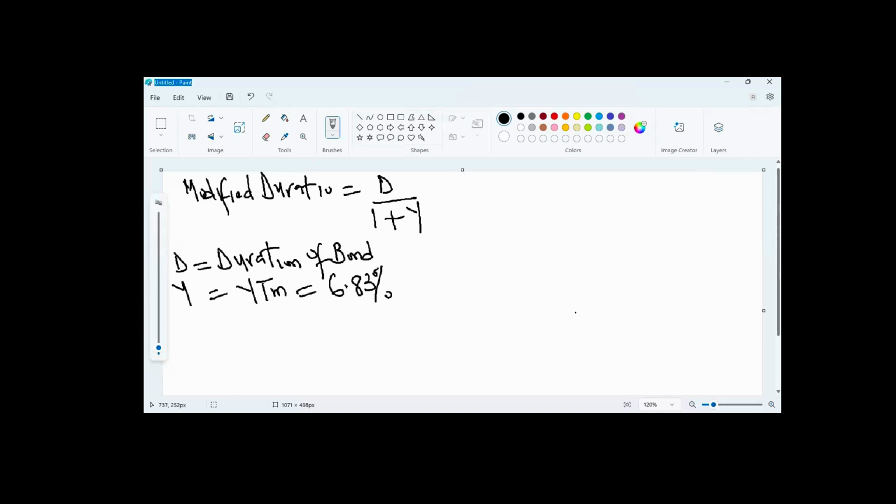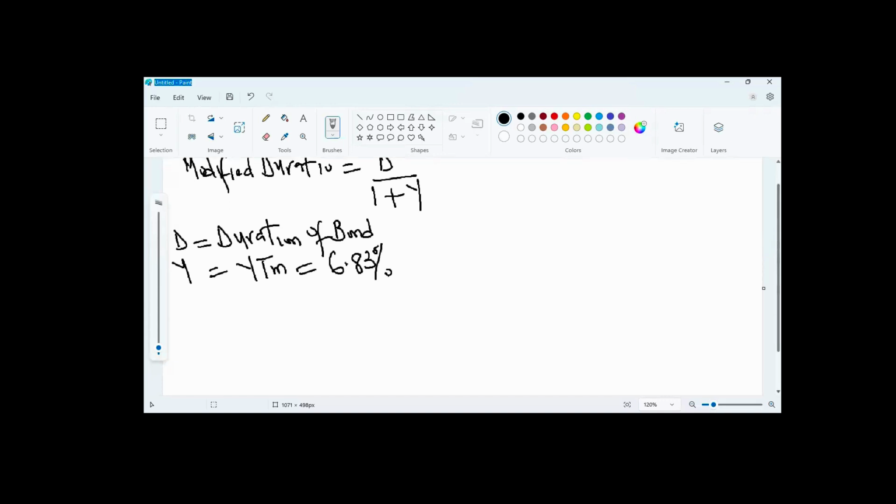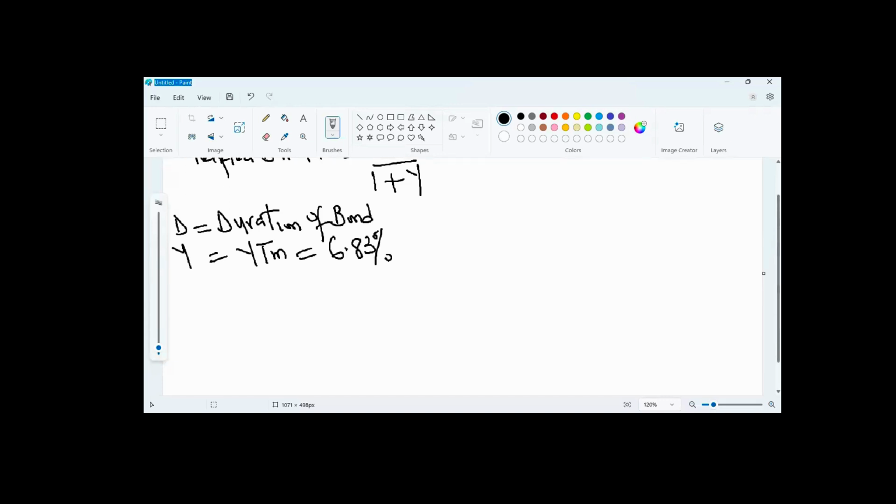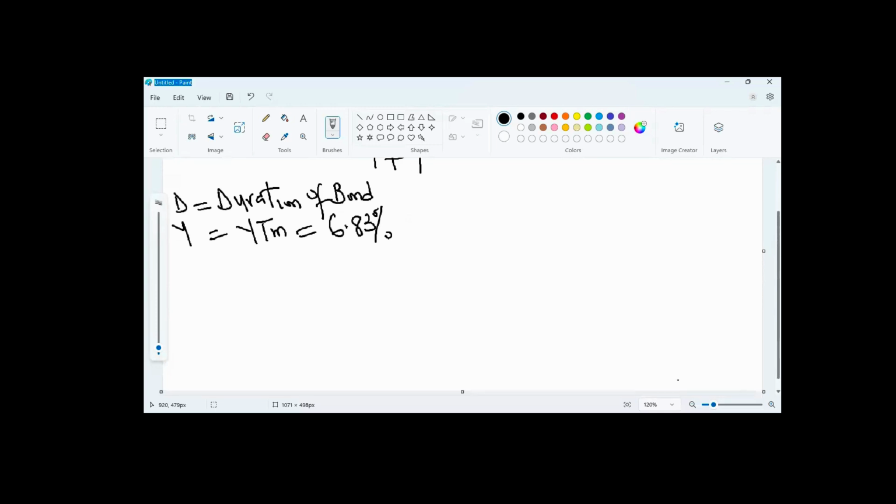The duration of this bond, you have like 3 steps involved here. Step 1 is to calculate the YTM of the bond. We have done that.